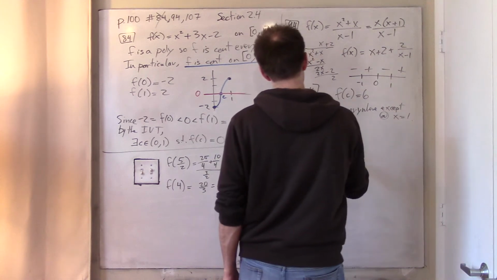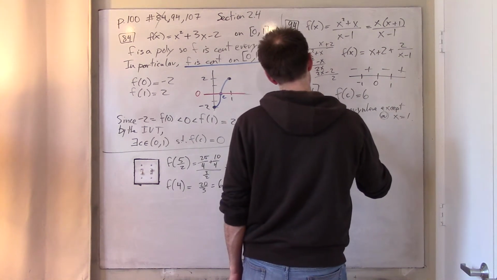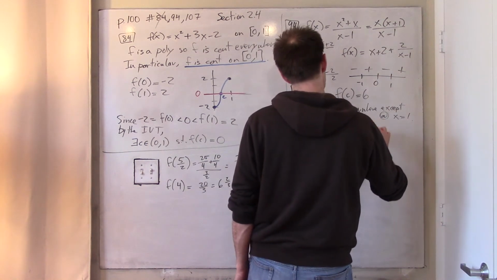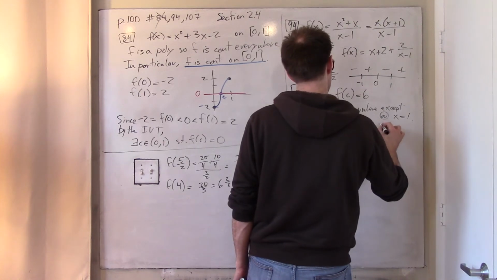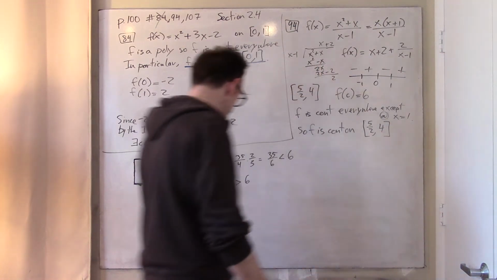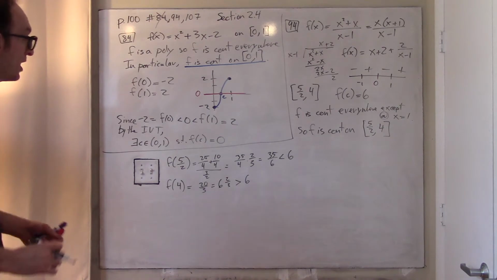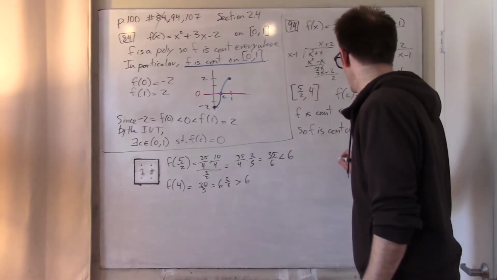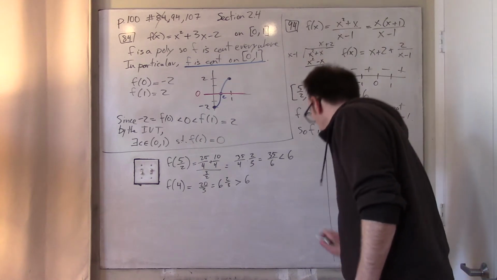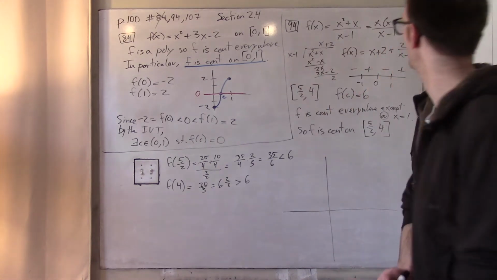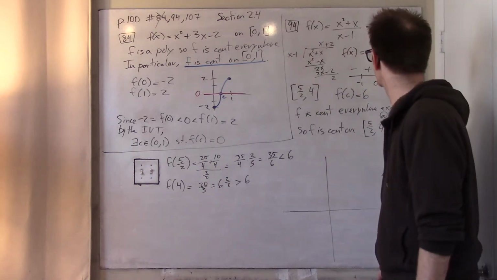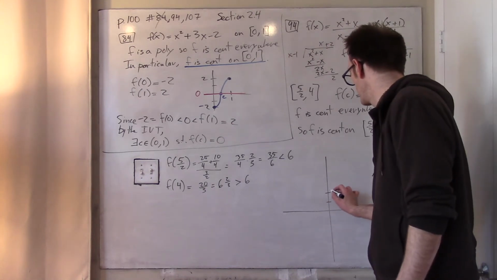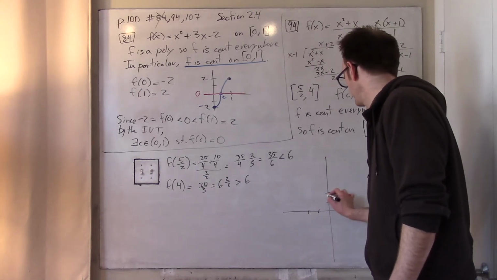So, what do we conclude? f is continuous on the relevant interval, this interval 5/2, 4. And so, I'm tempted now to make an accurate graph of this function. x plus 2, so 1, 2, boom, boom.